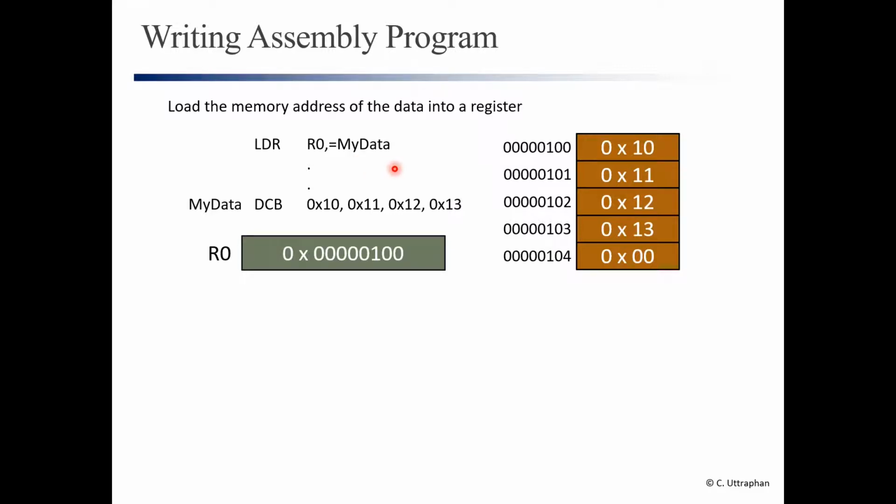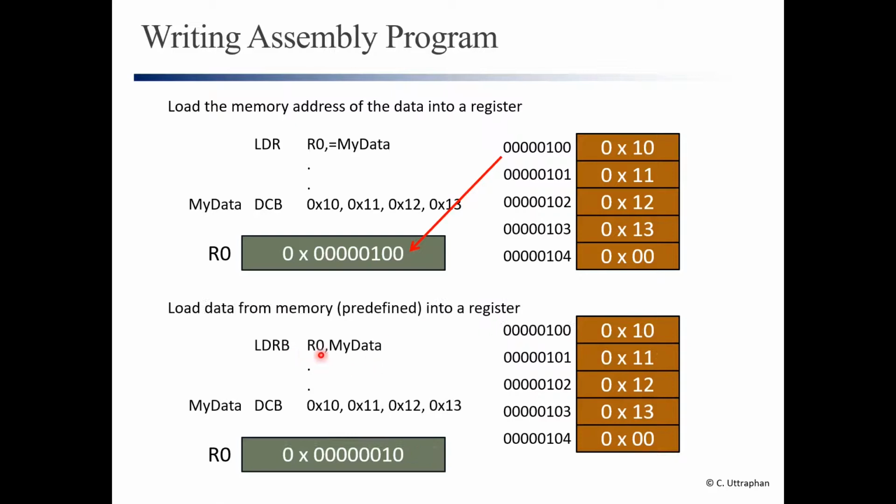Assume that the first address of my data is hex 100. Therefore, when we execute the instruction, hex 100 will be in R0. If there is no equal sign before my data, like this instruction, the data in the address hex 100 will be moved to R0 instead. In this case, the data is hex 10, thus, R0 will get hex 10.